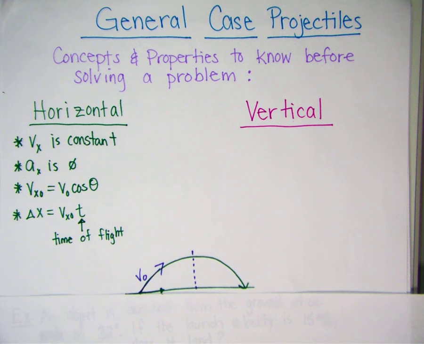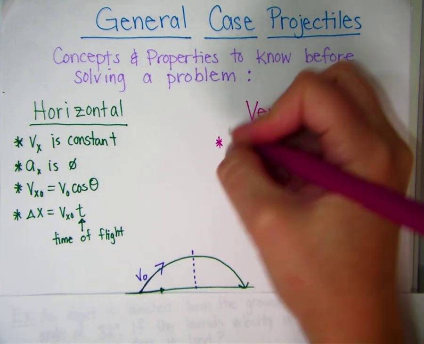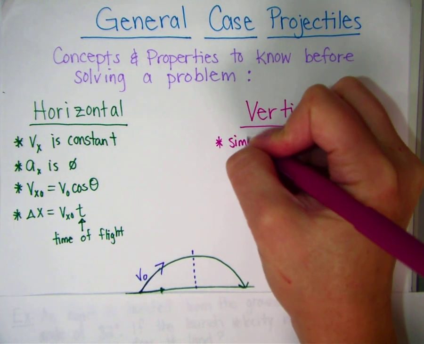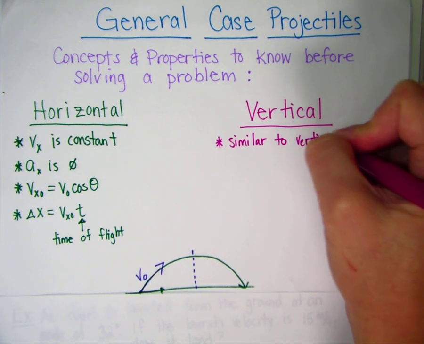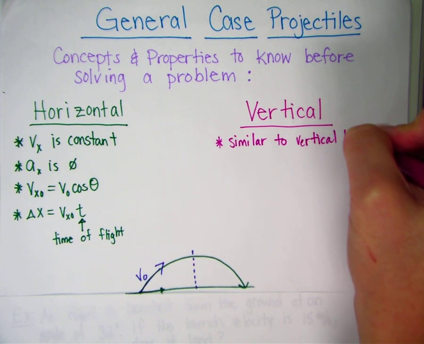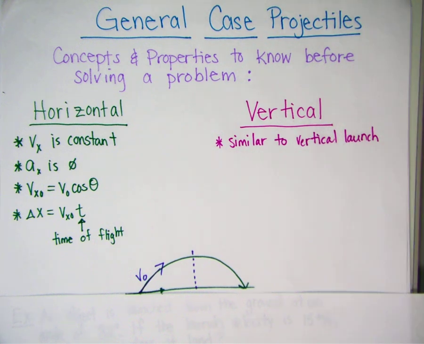Which brings me to a component of the vertical. Okay, a property of the vertical direction is that this is similar to a vertical launch. Okay, so all of the properties for a vertical launch in the y direction are going to apply to a general case projectile's vertical components.